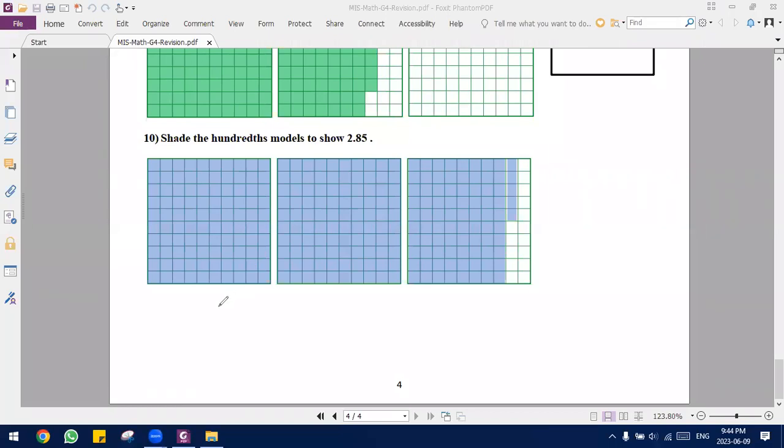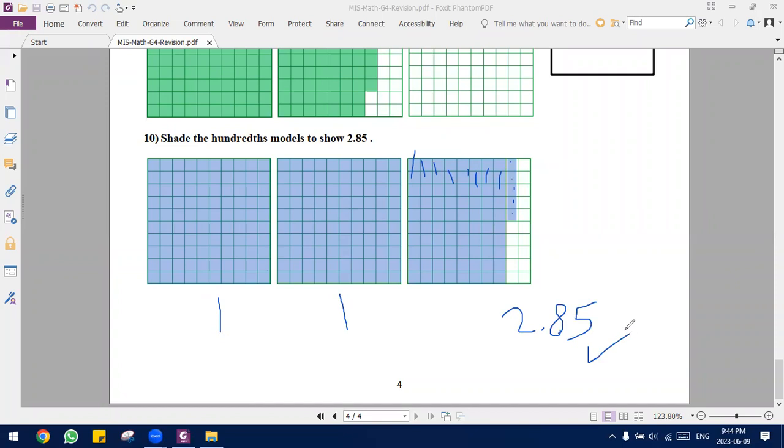Let's make sure that what we did was correct. This is 1. This is 1. And here we have 1, 2, 3, 4, 5, 6, 7, 8. And then 1, 2, 3, 4, 5, which makes 2.85, which is correct.